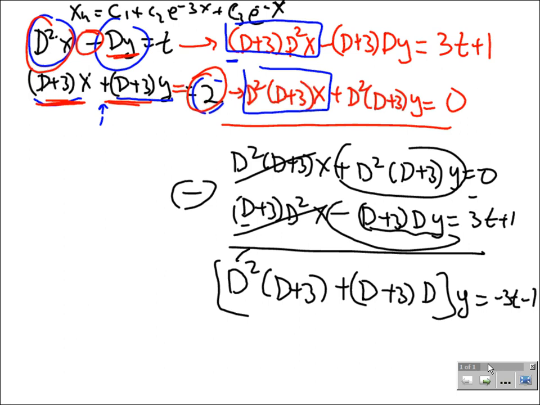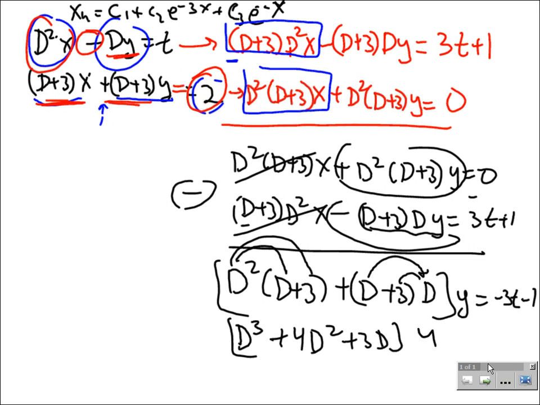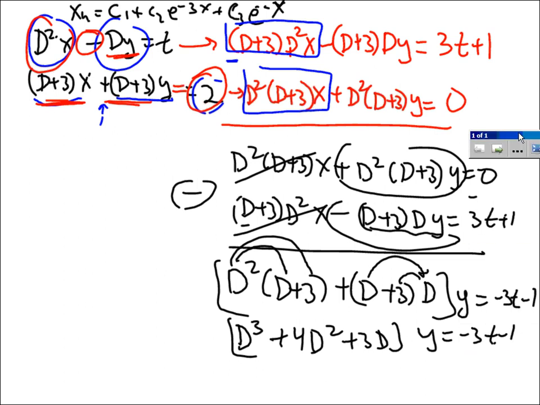So I get d cubed plus 3d squared plus another d squared, plus 4d squared plus 3d. This operates on y, and I get this mess. So I have m cubed plus 4m squared plus 3m is 0.